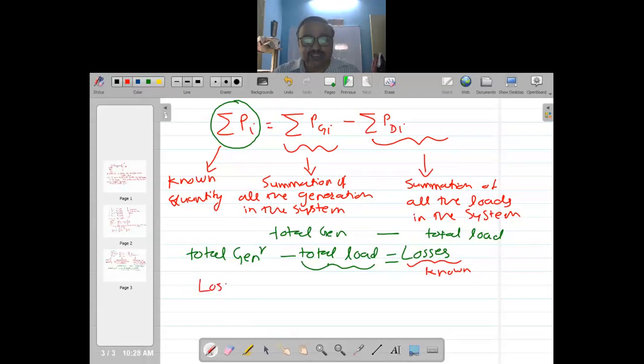Loss is equal to sigma I square into R, i equal to 1 to, sorry, not 1 to N, this should be 1 to NL, where NL is the number of lines in the system. So which means that I know this figure. This is a known quantity.